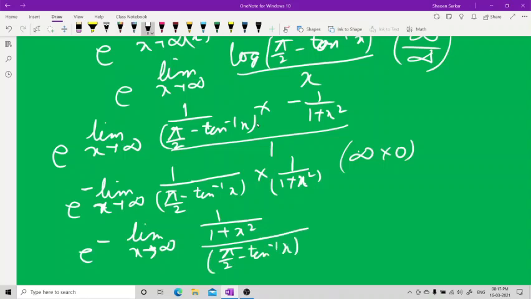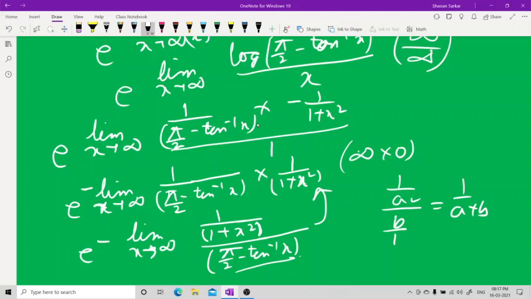Look, this format is same as this format. This is like 1 upon a by b by 1. This whole stuff works like a, and this is like b. 1 upon a by b is nothing but b upon a. This has been written like this. No problem.